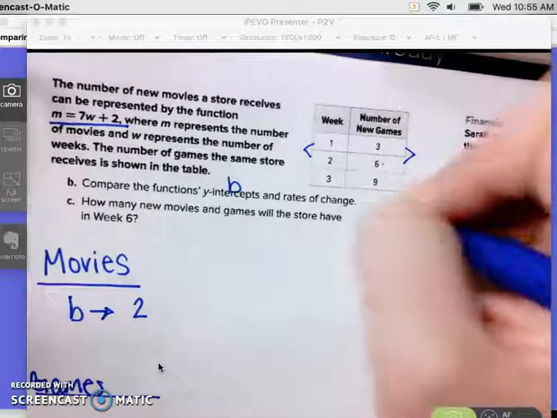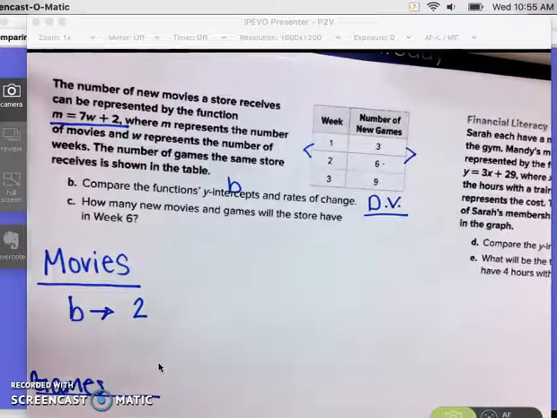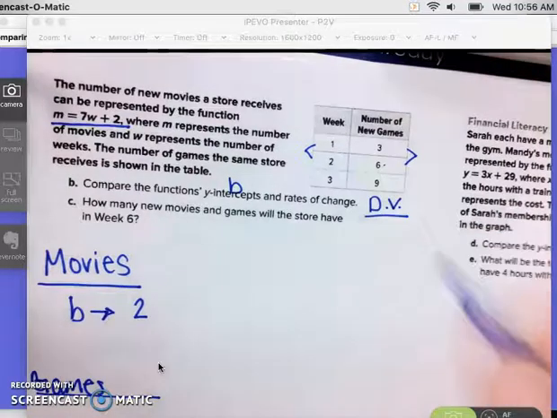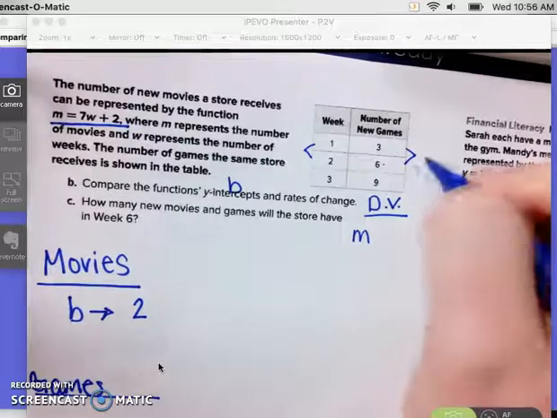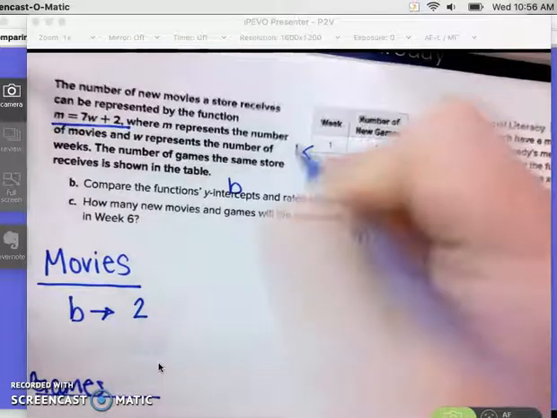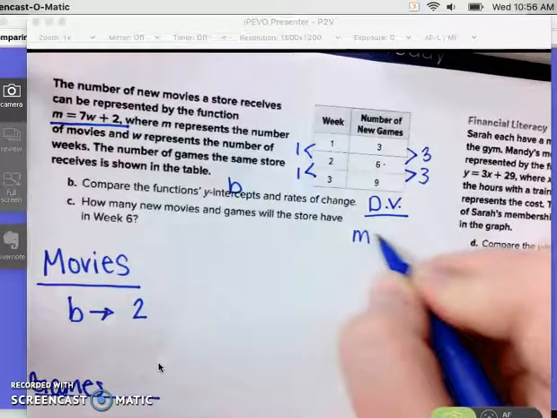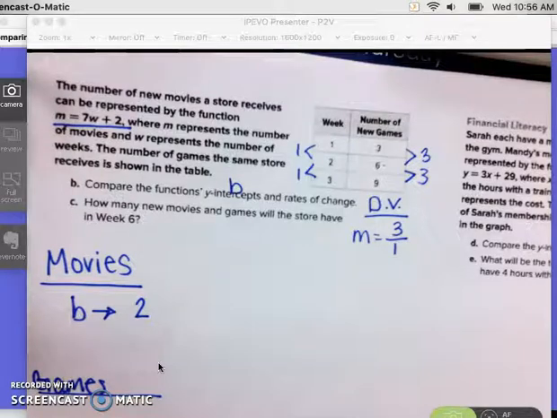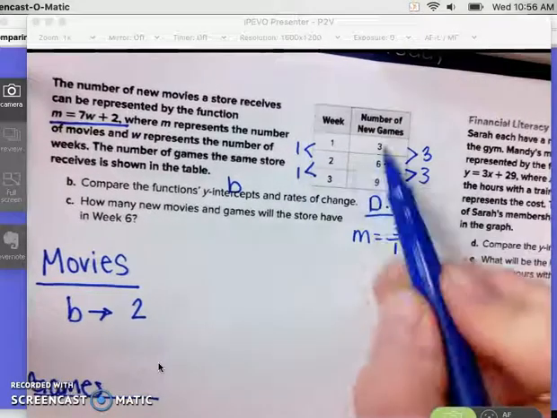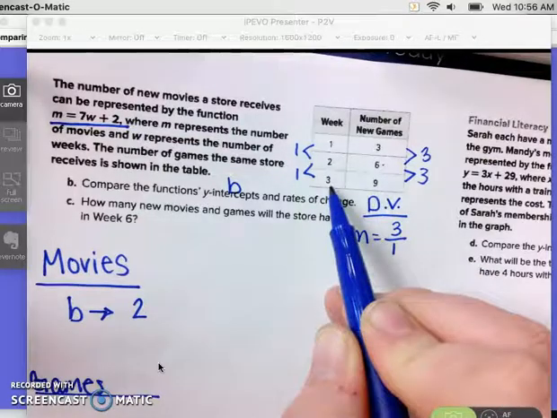It is linear, but it's also going to show direct variation. So if they are all the same, we know that our m is going to be the change in the y over the change in the x, which is also the same as the 3 divided by the 1, the 6 divided by 2, and the 9 divided by 3.